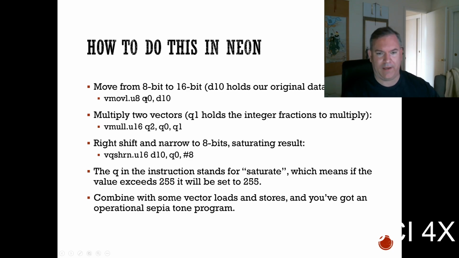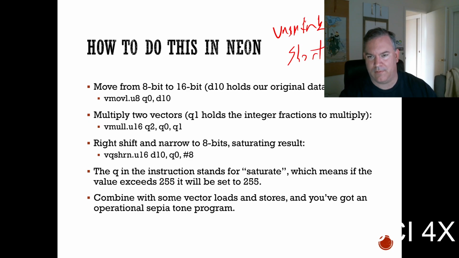Do you guys understand what widening and narrowing mean? Let's say we have an unsigned char equals 7, and then if we put it into a short, that's going from an 8-bit number to a 16-bit number. That's called widening.